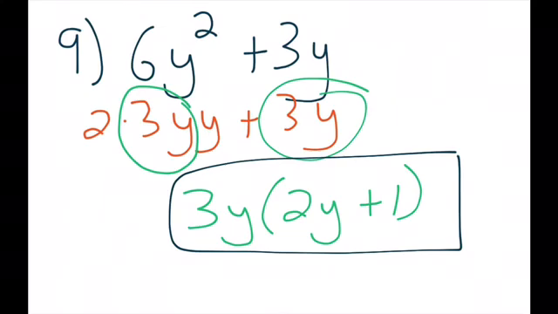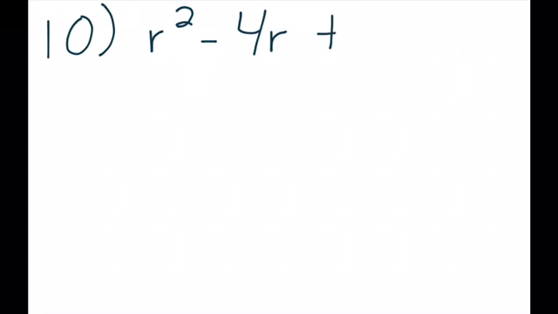Okay, we're almost done. I think we have 6 problems left. Number 10: r squared minus 4r plus 4. So first of all, decide, is there a GCF? If the answer is yes, you take it out. If the answer is no, you do X games.